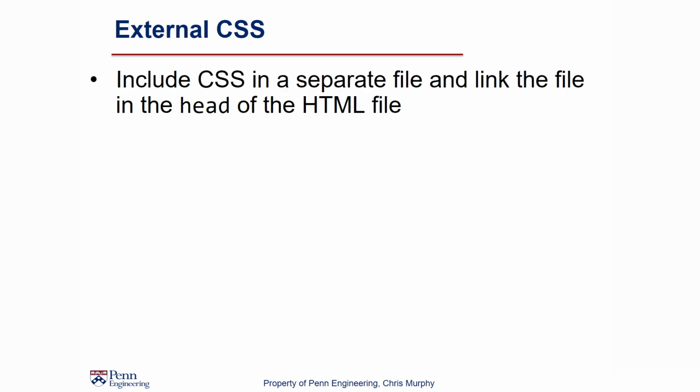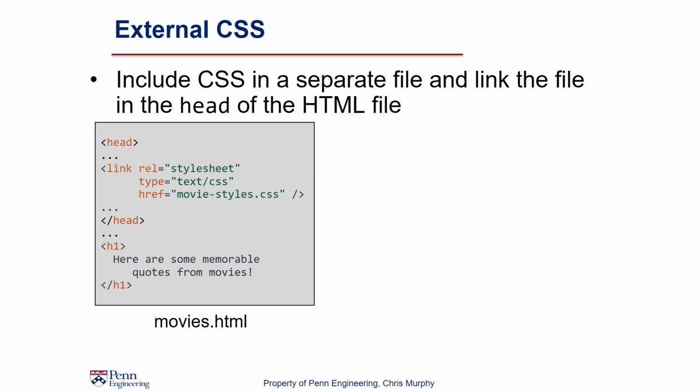Which leads us to the third approach to including CSS in our HTML pages, which is the external CSS. In this case, we put CSS in a separate file, and then we link it or include it in our HTML page using a tag in the head of the HTML file. So here we have movies.html, and within the head, we have a link element. The link element tells the browser, go get this other file, link to this other file.